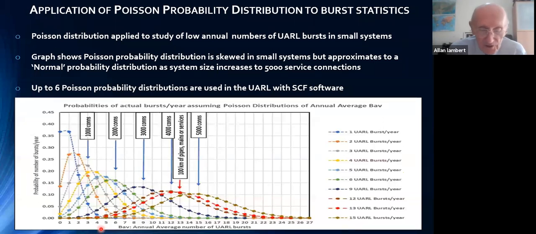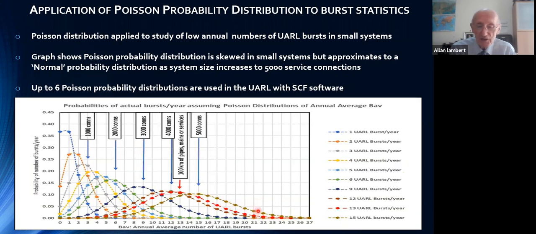So the graph shows the Poisson distribution of 0, 1, 2, 3, and so on ULL bursts when the average number of bursts per year is known. So as an average of 15 ULL bursts per year, which is equivalent to 5,000 service connections at 3 per 1,000, the shape of the curve is the normal bell-shaped distribution which we expect.